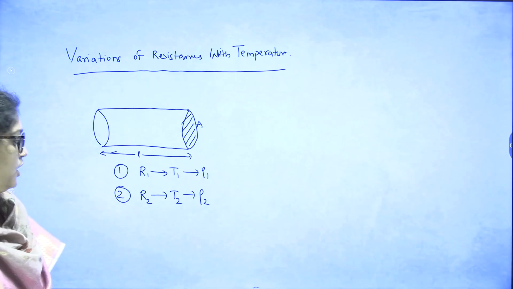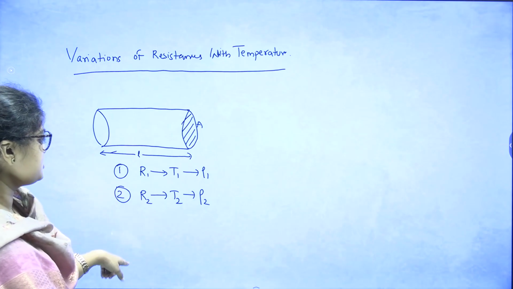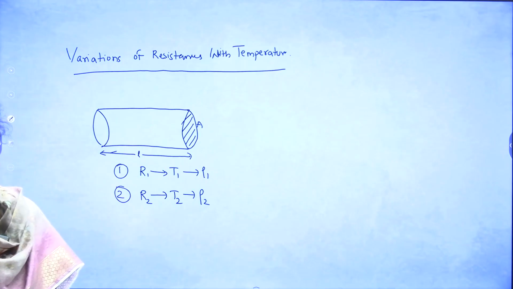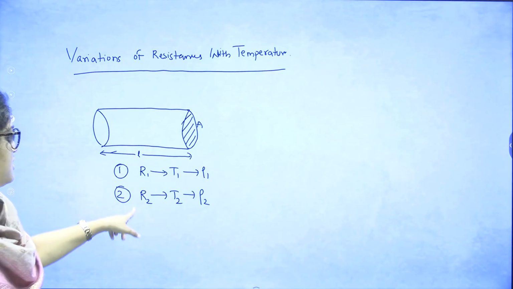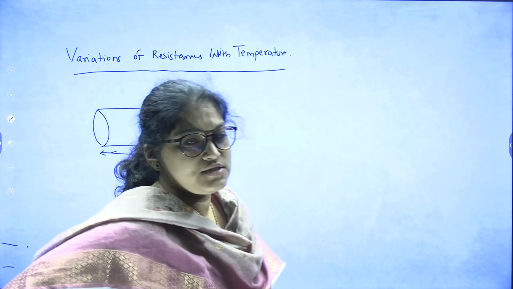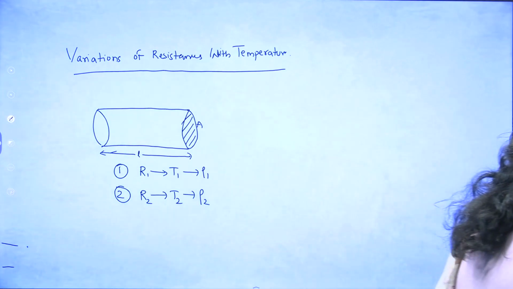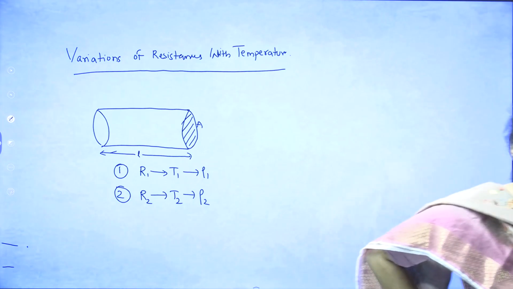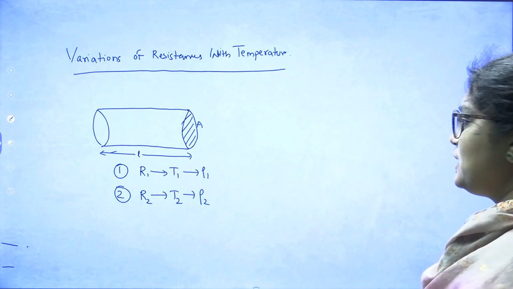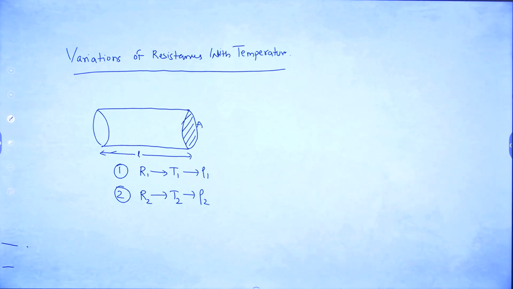In both the cases we observe there is some change in resistance, temperature, and resistivity. So, how can we write this change? By R2 minus R1, T2 minus T1, and ρ2 minus ρ1.